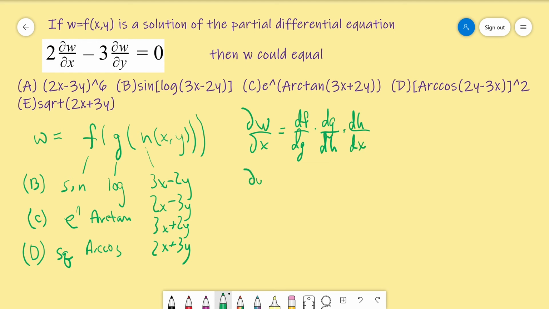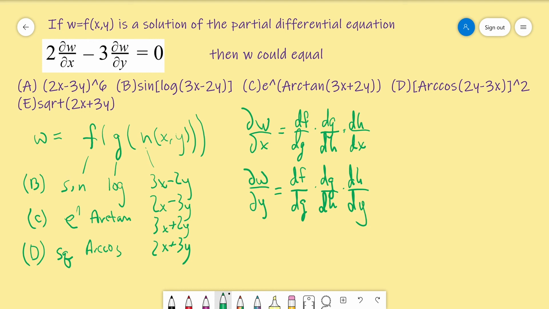And when you differentiate W with respect to y, you're going to get the derivative of f with respect to g times the derivative of g with respect to h times the derivative of h with respect to y.